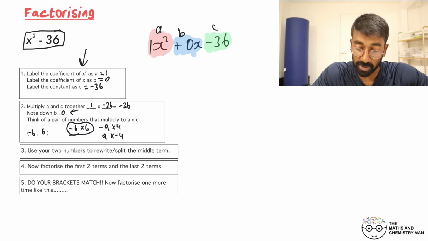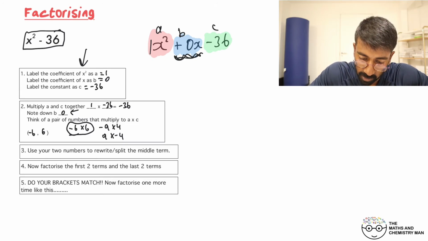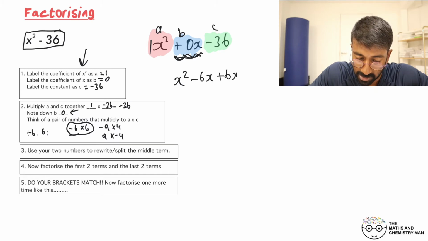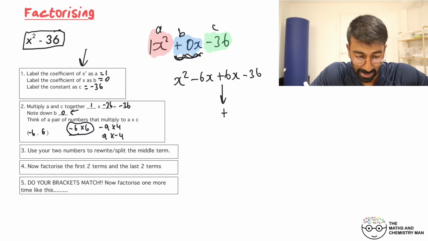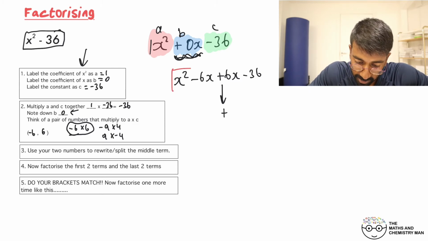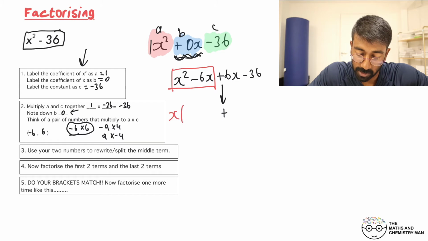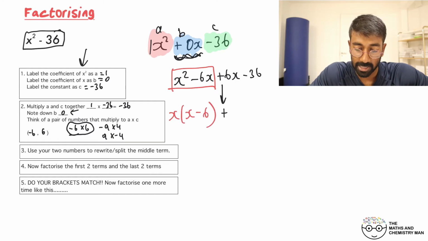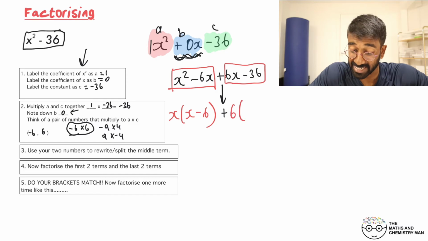And so what should we do? We'll rewrite the middle term. So we're going to have that now as x squared minus 6x plus 6x minus 36. Bring the plus sign down, and then let's factorize the first two bits. Bam, bam. So that's x on the outside, x take away 6, and then the last two bits here as well. What's common there? Just the 6, and then it's going to be x minus 6.